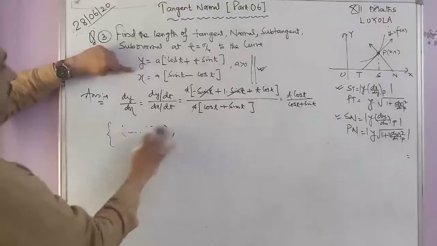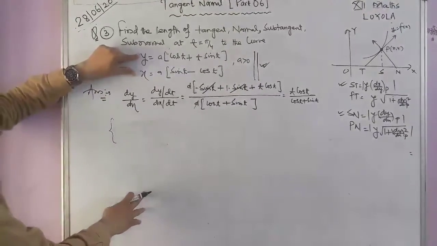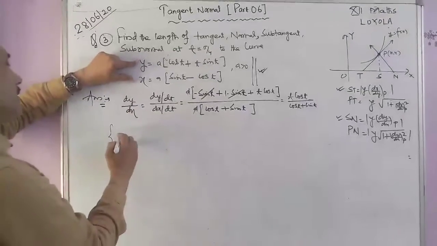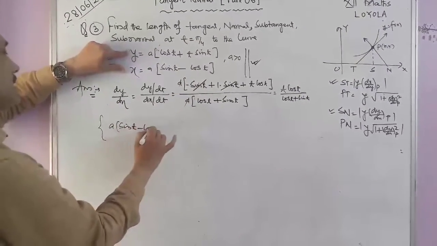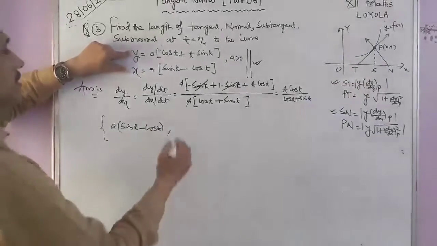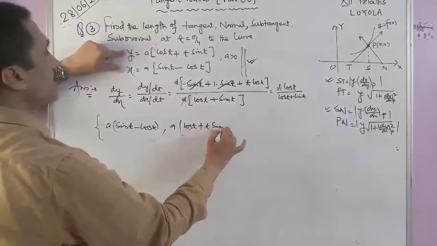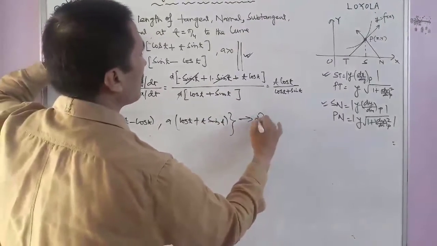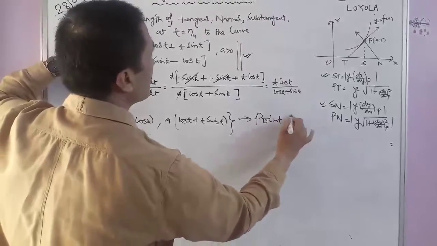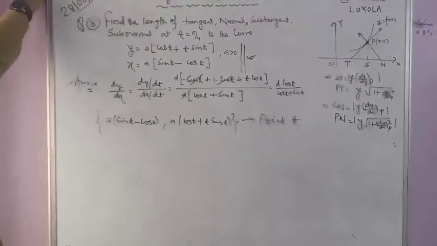We write the equation of the curve in parametric form as an ordered pair: the x coordinate is a(sin t - t cos t) and the y coordinate is a(cos t + t sin t). We call it point t, because t is the parameter here.